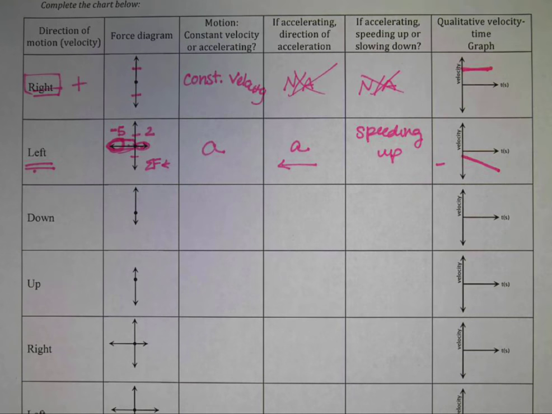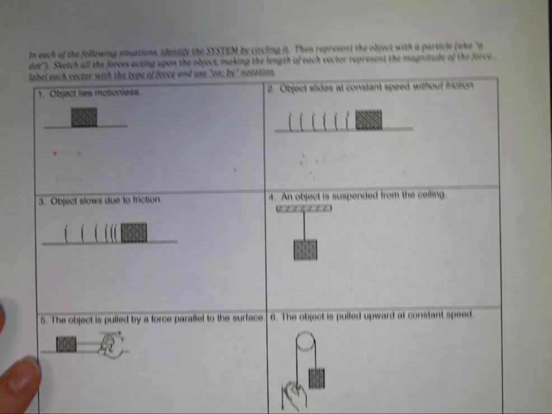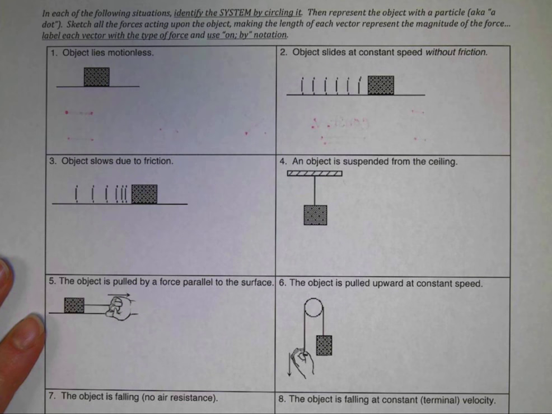You should be able to finish the rest based on those, but to take a look at the back side, it's asking for some force diagrams to actually be drawn. So not just analyzing those qualitative force diagrams, but now actually drawing some. So we have to use our rules that we looked at before.